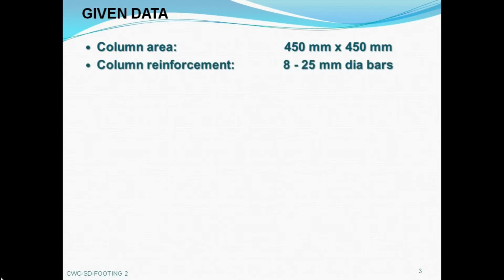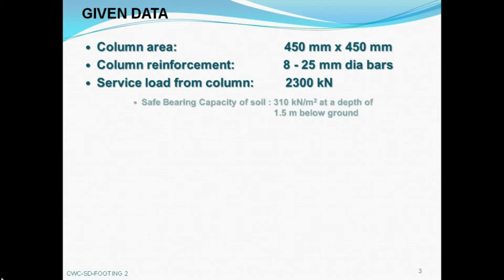Let us analyze the given data. Column area is 450 mm by 450 mm. Column reinforcement is 8 numbers of 25 mm dia bars. Service load from column is 2300 kN.